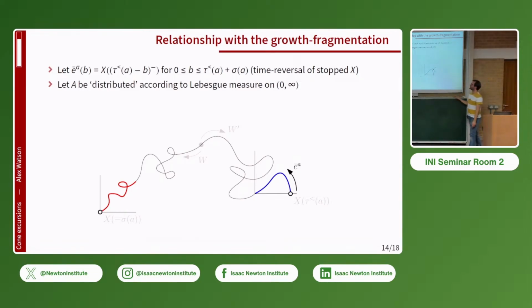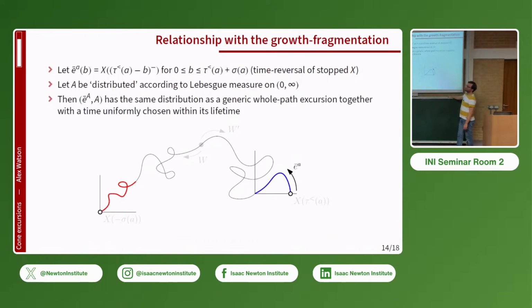It's completely arbitrary. So now I take A, capital A, to be random, and to have the law of Lebesgue measure. I don't know if it's right to call this random, but it's under an infinite measure, A is distributed like that Lebesgue measure. If I look at E bar A with the random A, together with A as a pair, that has the same distribution as a generic whole path excursion.